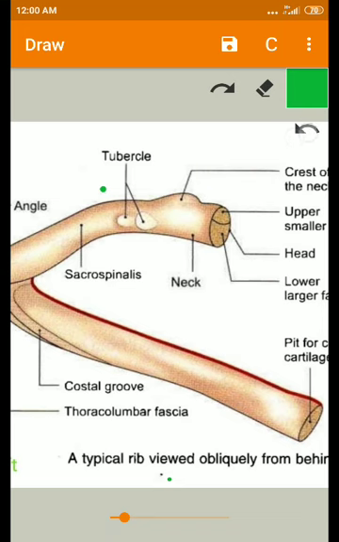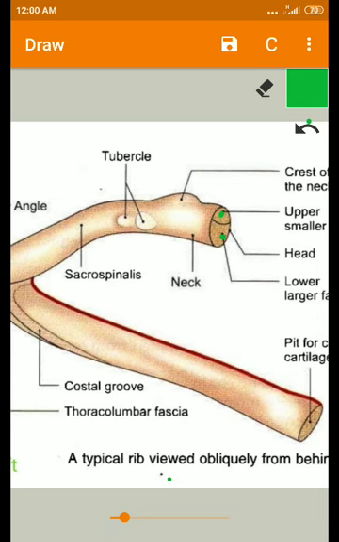The head bears two small facets separated by a transverse ridge called the crest. The upper facet is the smaller facet and the lower one is the larger facet.